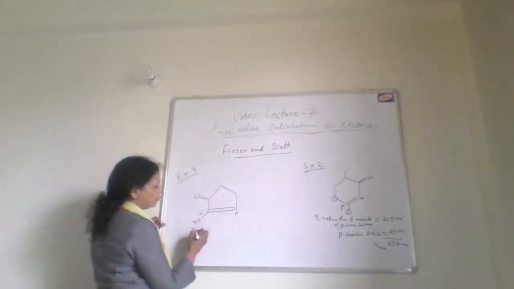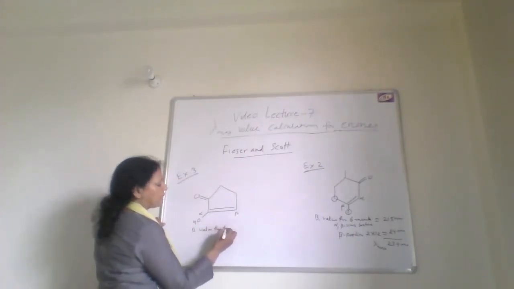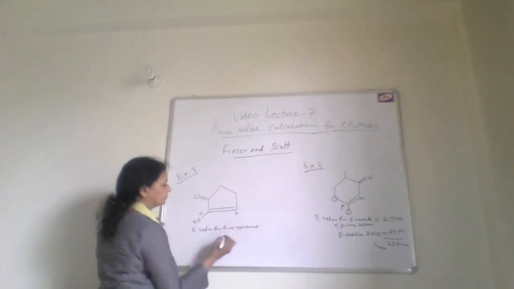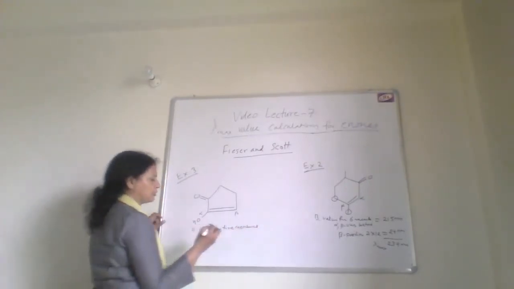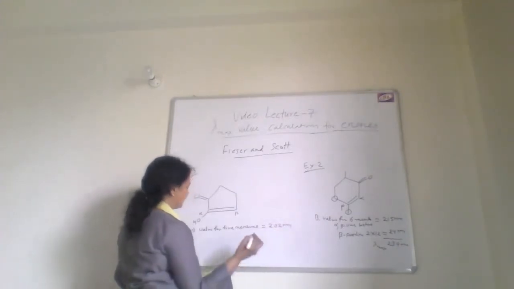So the base value for a 5 member alpha, beta unsaturated ketone is 202 nanometers.